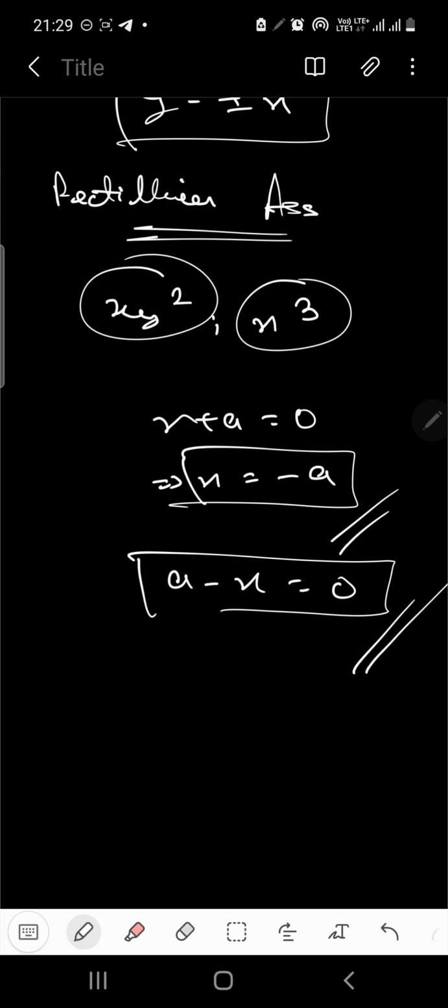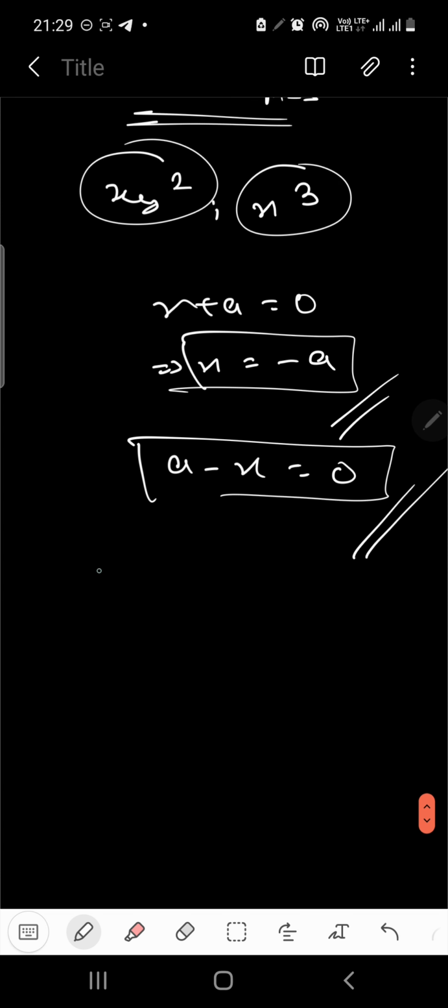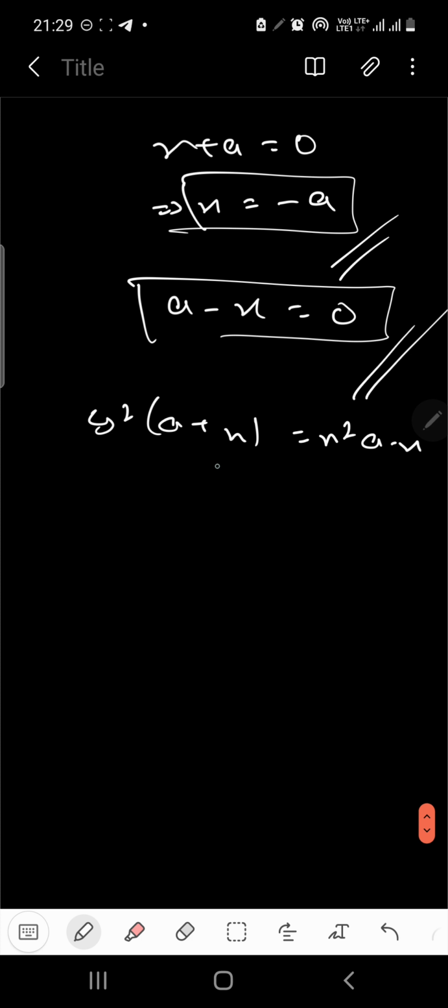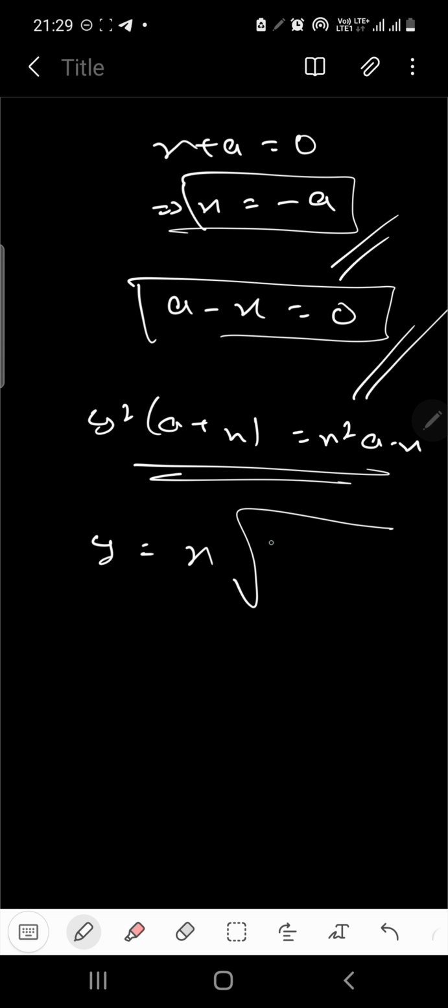Am I clear? If you are talking about domain and range, you have y square times (a plus x) equals x square times (a minus x). Basically what are you having from here? You are having y equals x times root over of (a minus x) by (a plus x). So what is your domain up till here?